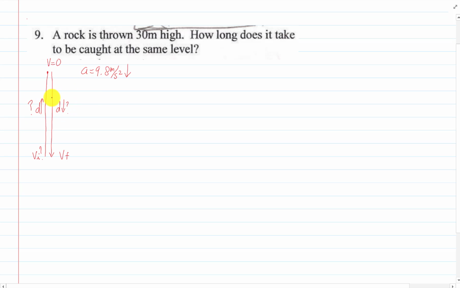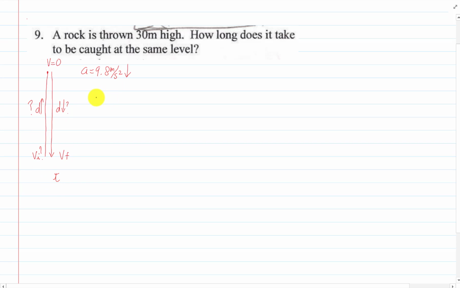So there's a lot of stuff that we don't know. If we don't include this zero, it's going to be very hard to solve this problem. Because we're asking for the time and we don't know VI, D, or VF. We don't know three things.